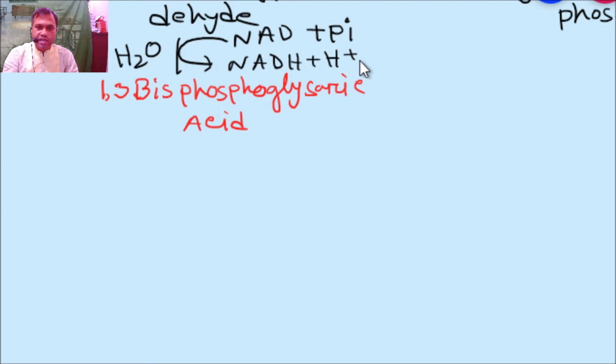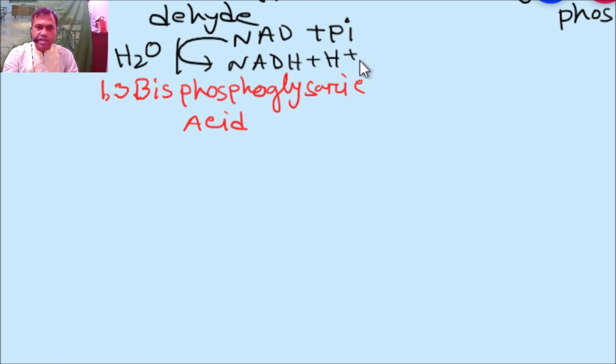Next, at last 2-phosphoenol pyruvic acid turns into pyruvic acid. When 2-phosphoenol pyruvic acid turns into pyruvic acid, one molecule of inorganic phosphate is released.